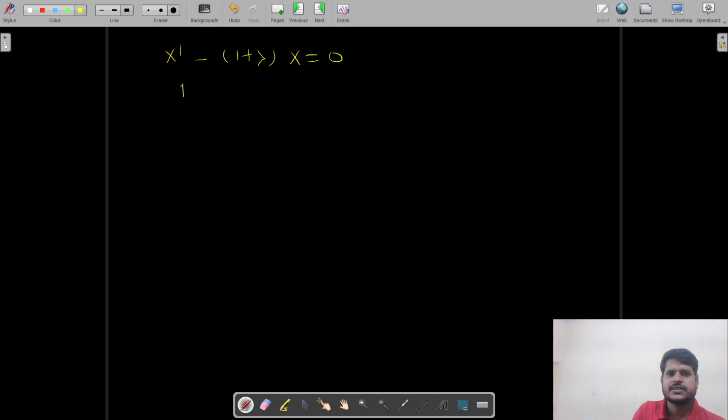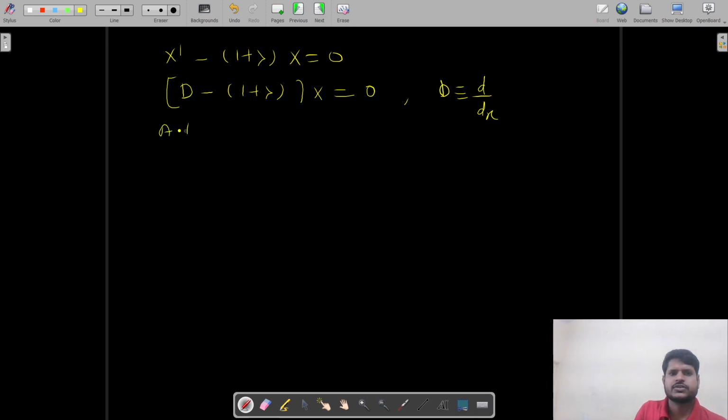I can write D minus 1 plus lambda, X equal to 0, where capital D stands for d over dx, right?